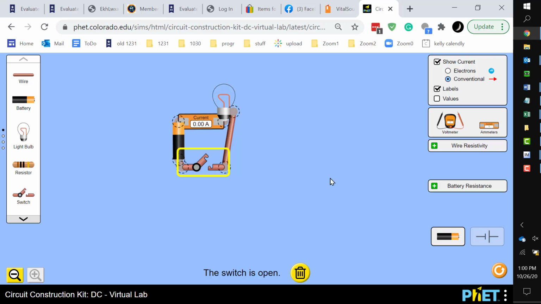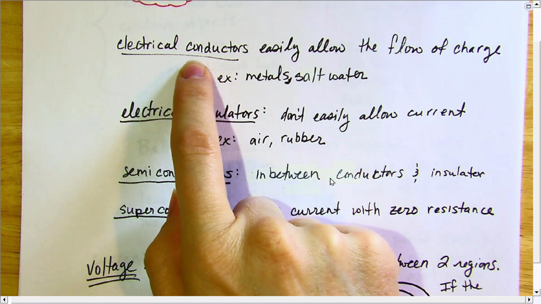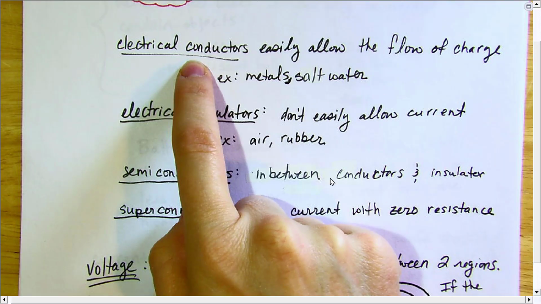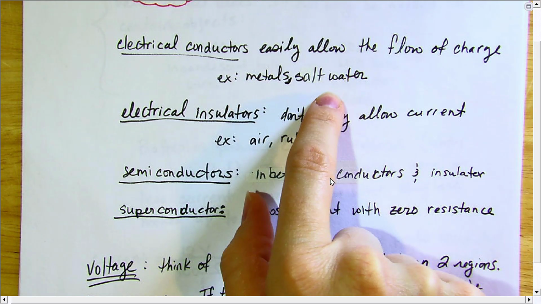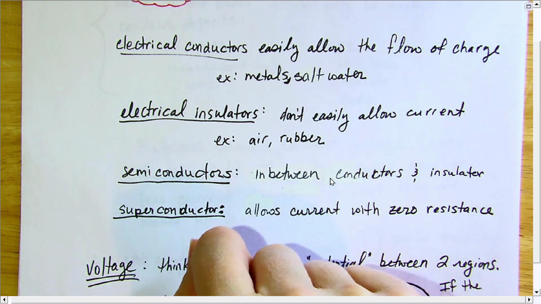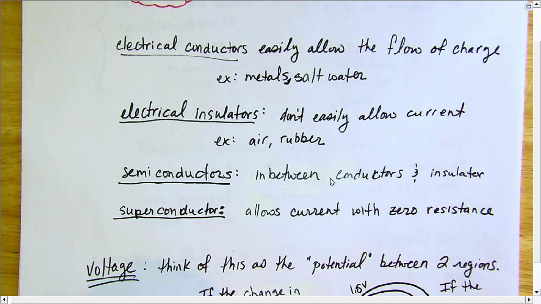So there are different types of material that allow electricity to either flow well or not flow well at all. And so we could call them electrical conductors when they easily allow charges to flow through them. And metals and salt water easily allow charge to flow. So we could call those electrical conductors.